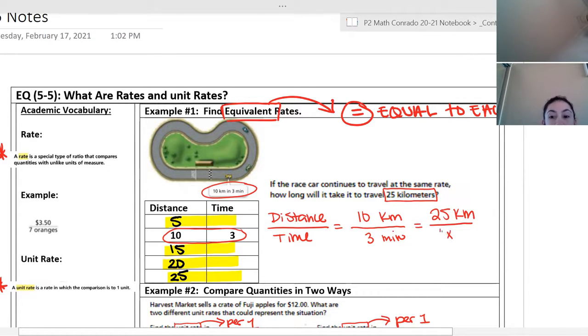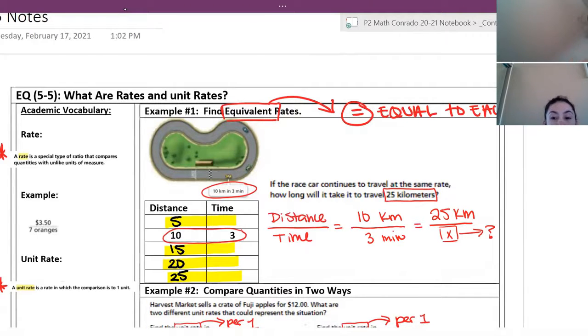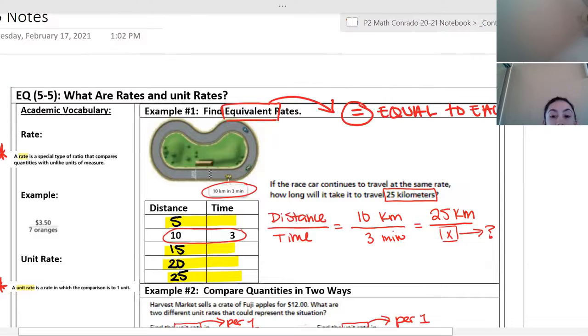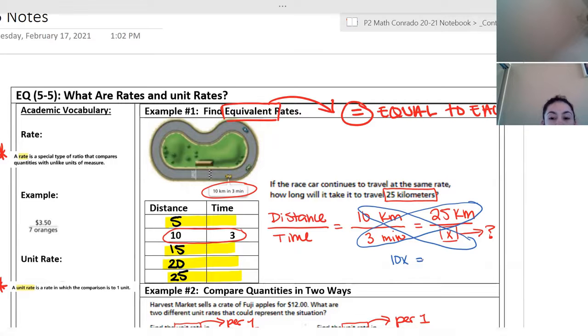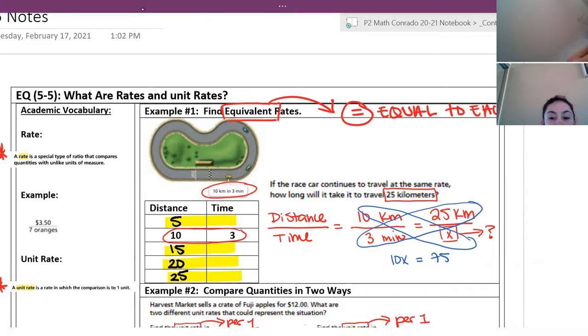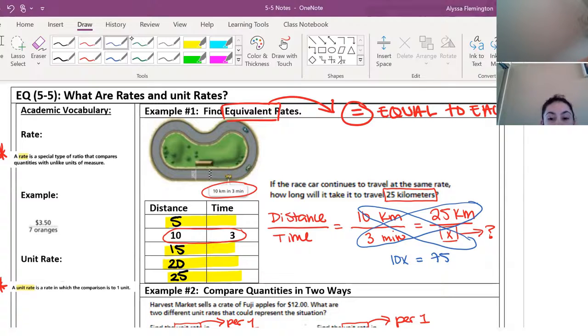So let's set that unknown variable of time equal to x, because that is what we're trying to find. Let's use the strategy of cross multiplication to find our unknown value. So we're going to multiply diagonally from each other 25 times 3, which is 75. And then we're going to multiply 10 times x, which is 10x.